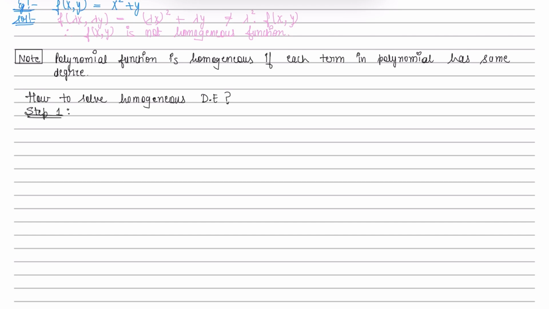Step number 1 says, write down the given differential equation in the form dy by dx is equal to minus of M upon N.